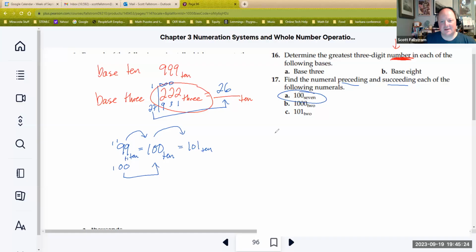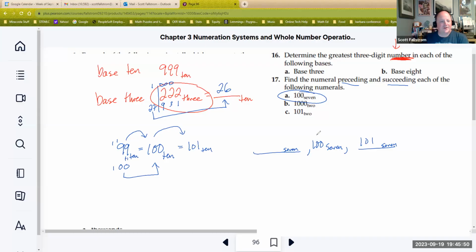So if we do the same thing in base 7, so 100 base 7, I need the number before, the number after, so these are going to be in base 7. And so the number right after, if you just add 1, yeah, that one's not too bad. You get 101. But in 100 base 7, you want to be thinking, hey, what is that equivalent to?